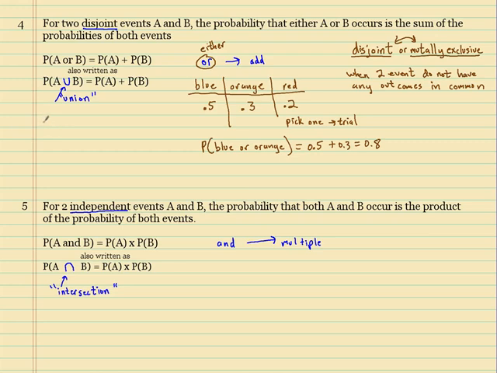Say the probability that somebody owns an iPad is 60% or 0.6, and the probability that the same person owns an iPhone is, let's make it, 0.5.